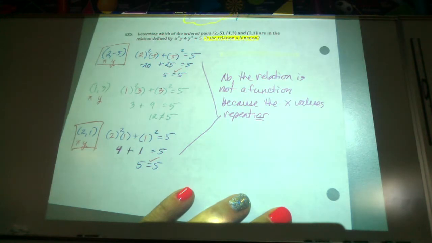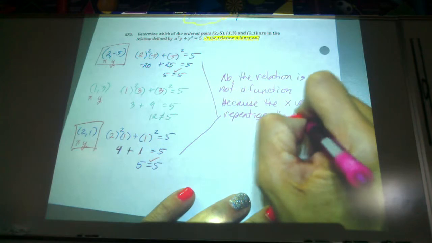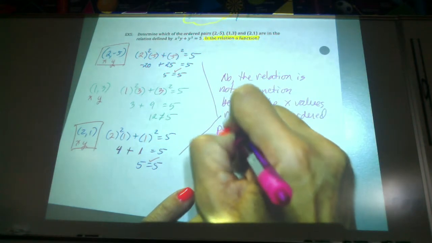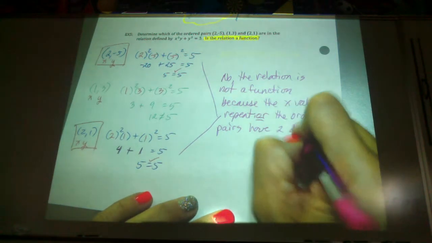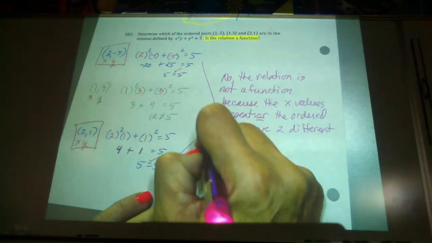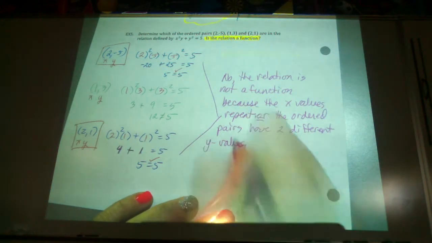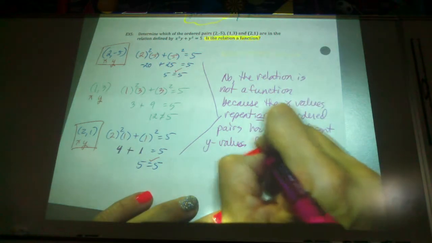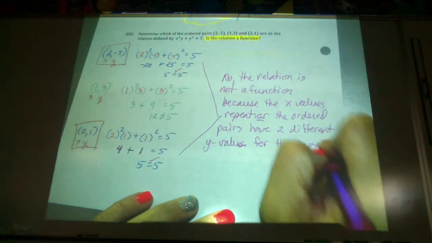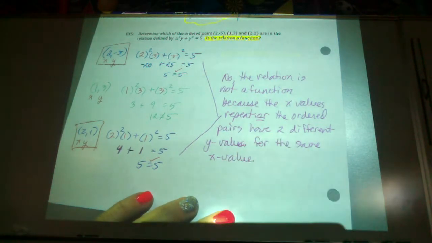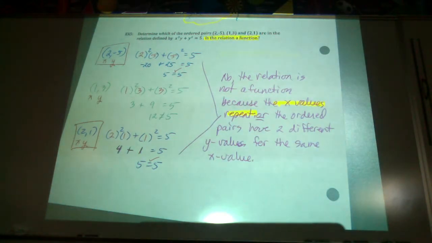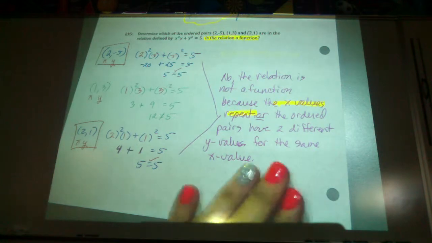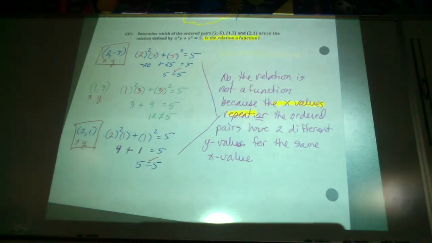Or, the ordered pairs have 2 different y values for the same x value. That's a little bit more wordy than the x values repeat. They're both saying the same thing, but I wanted you to recognize that that is saying the same thing as the x values repeat. Do you have any questions about anything we talked about?